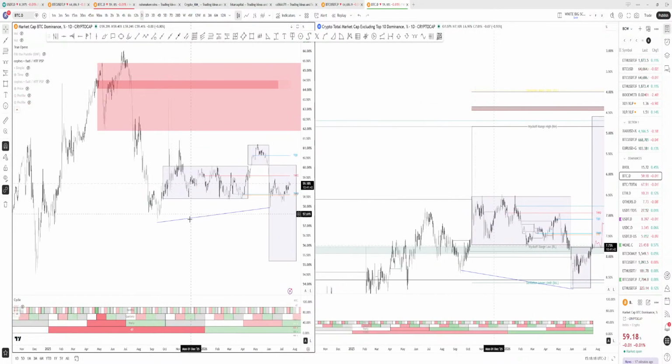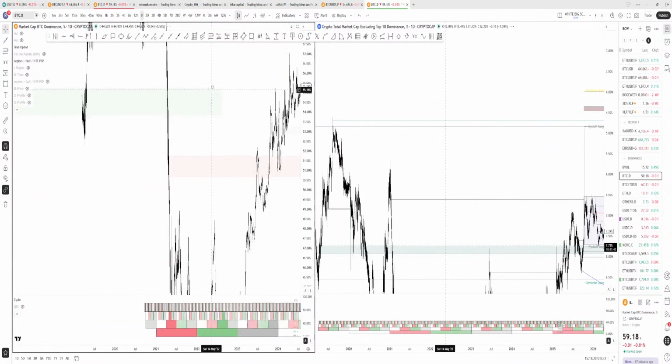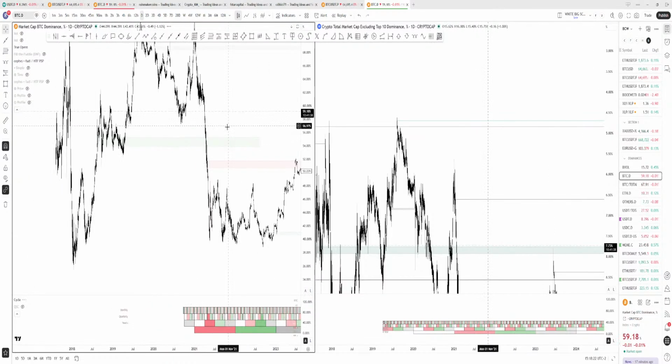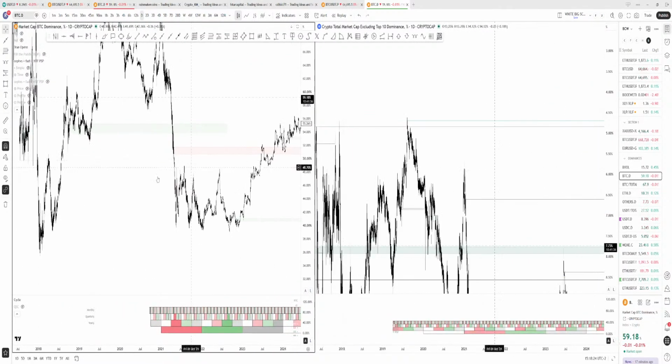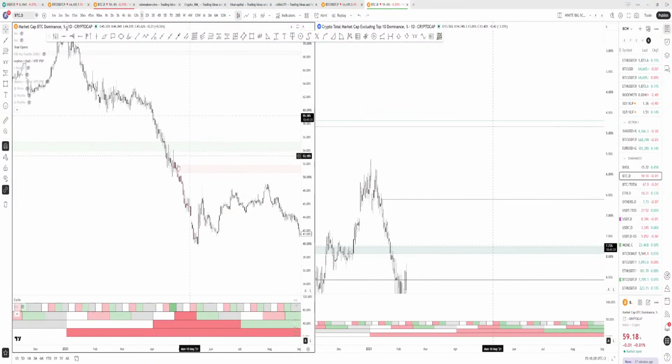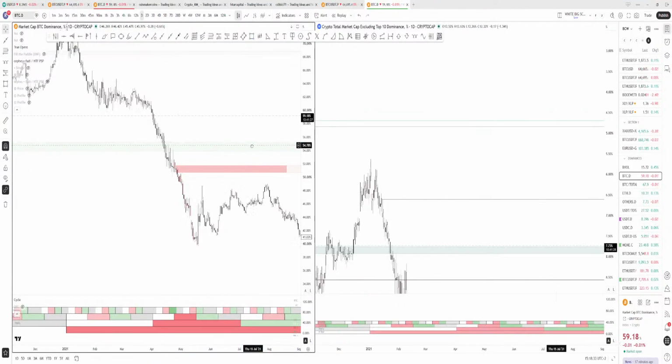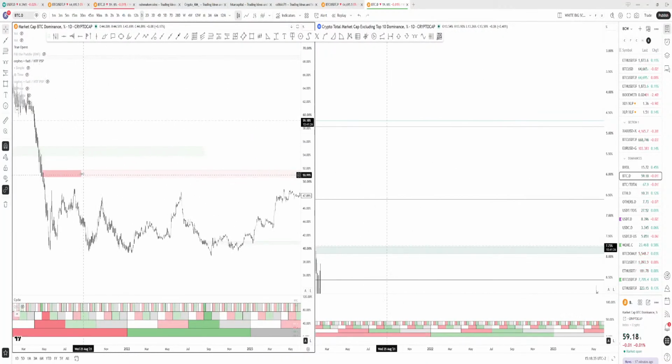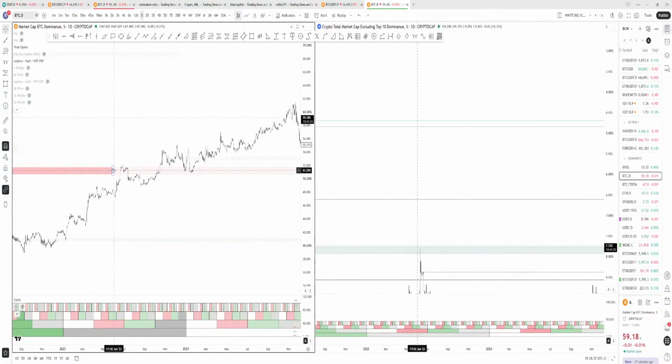This should be attracted later on, but if we go back to the cycle, this should also act as a magnet, this level here.